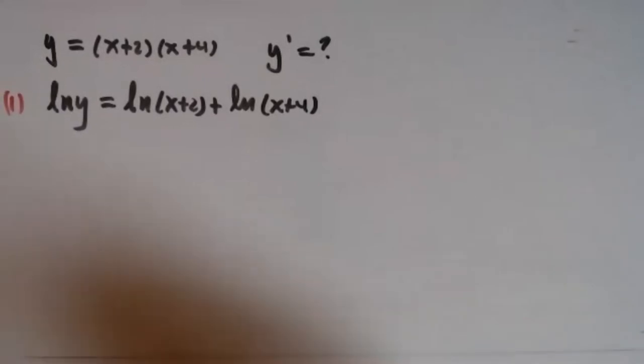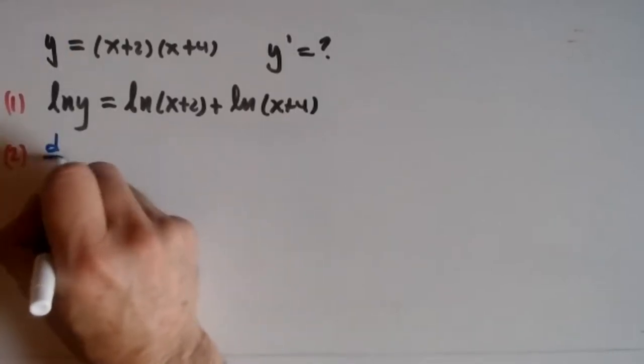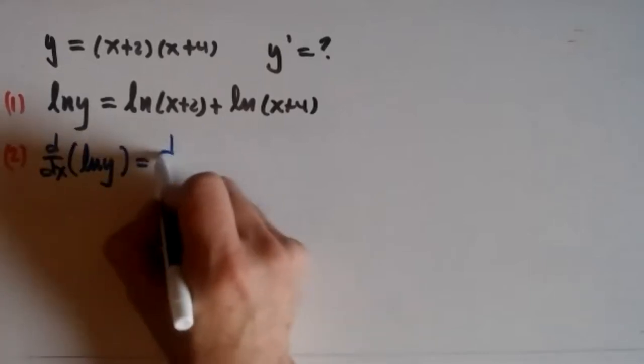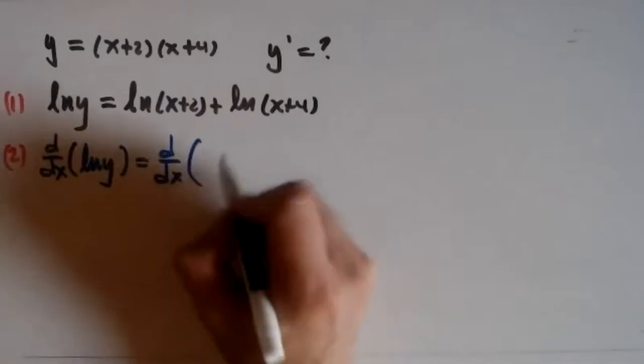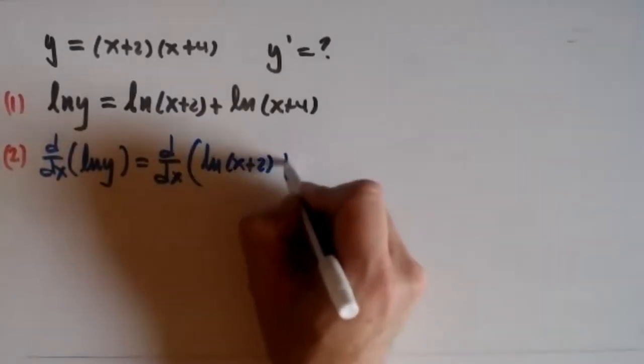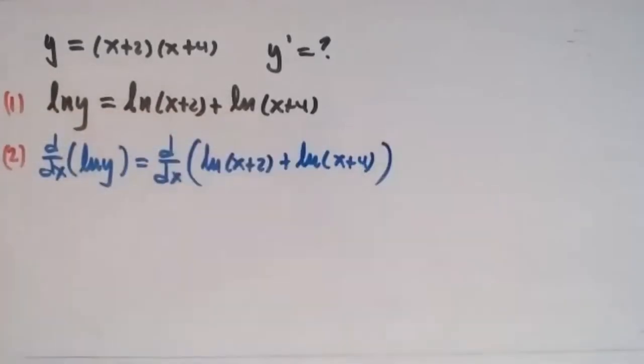Now, second step, step number 2, you take the derivative both sides. Now, this is going to be the calculus. So I'm going to take derivative respect x of ln y equals derivative respect x of ln of x plus 2 plus ln of x plus 4, right?